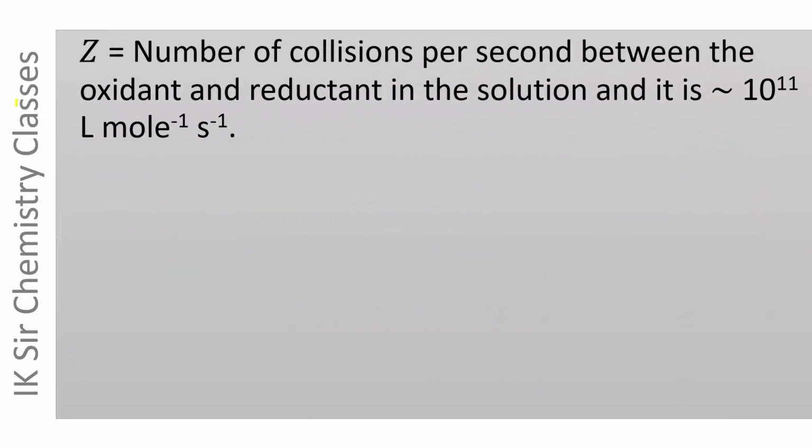Here Z is the number of collisions per second between the oxidant and reductant in the solution, and its value is approximately equal to 10 to the power 11 liter per mole per second.